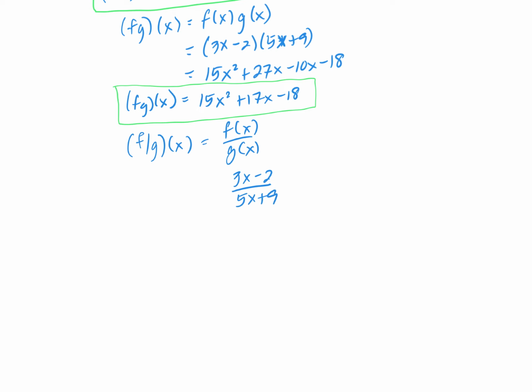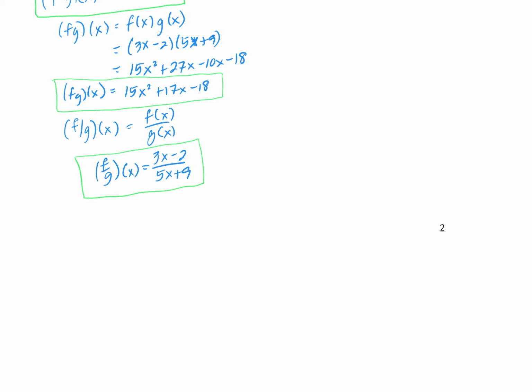Notice that there's nothing to factor out or reduce. So this is f over g of x. So that wasn't bad. But what about the domain? So remember, the domain is going to be equal to the domain of f intersect with the domain of g.